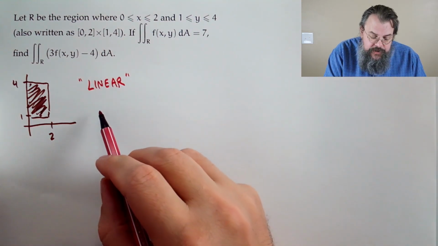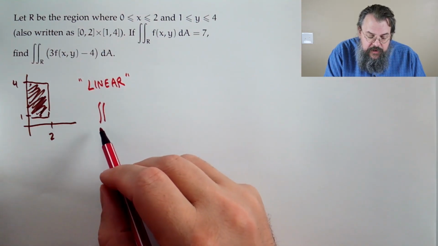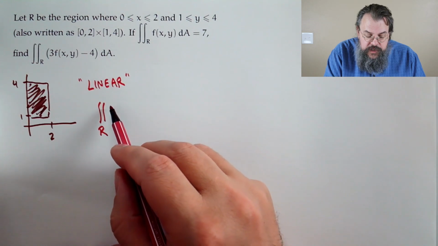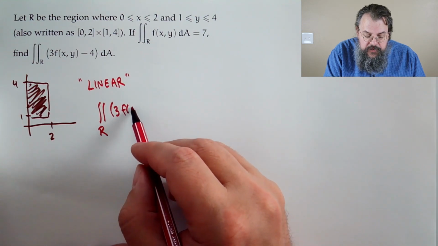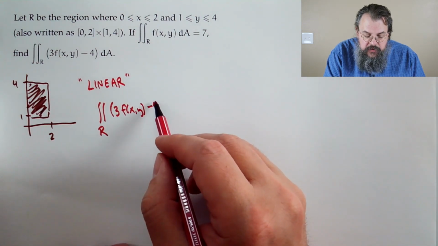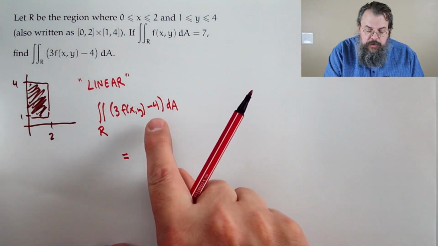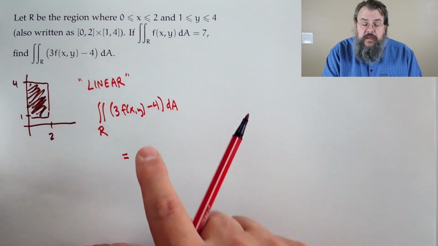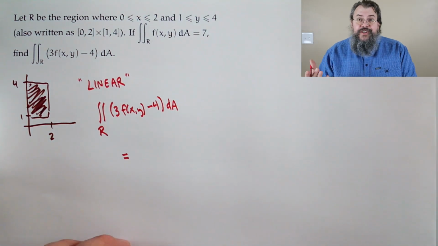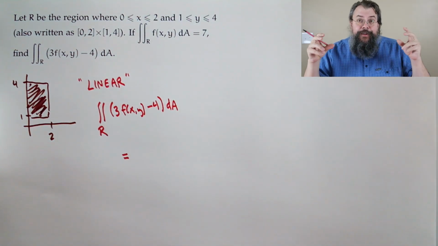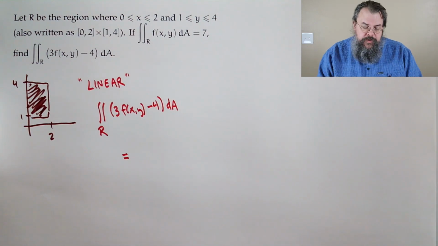All right, well, what does that mean? Well, that says, look, this integral over our region of 3 f of xy minus 4 dA can be written as, so we're going to break up over the minus sign. Minus is really just addition with a negative factor pulled in.